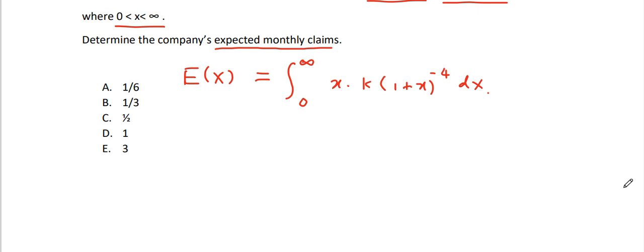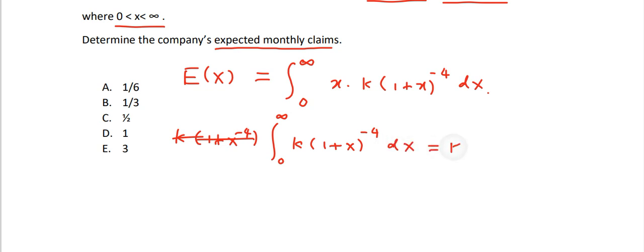So k times (1 plus x) to the negative 4, x from 0 to infinity, dx equals 1.